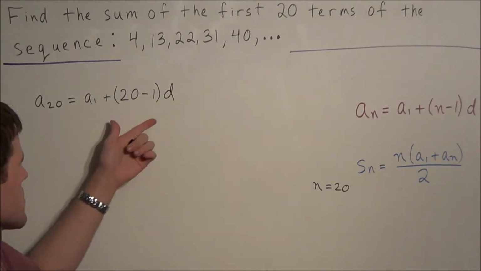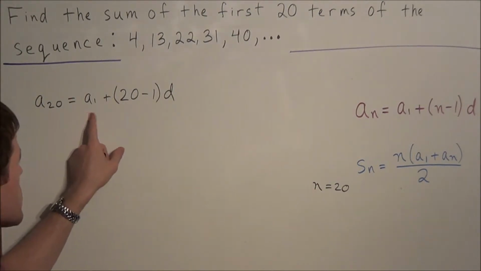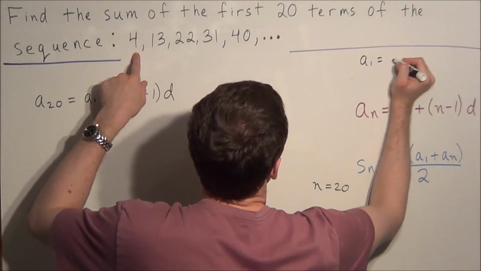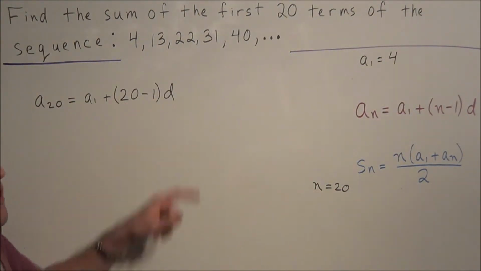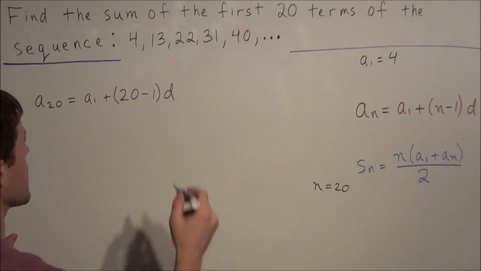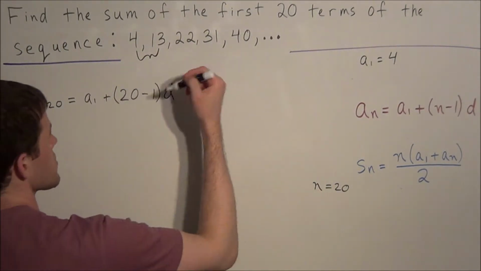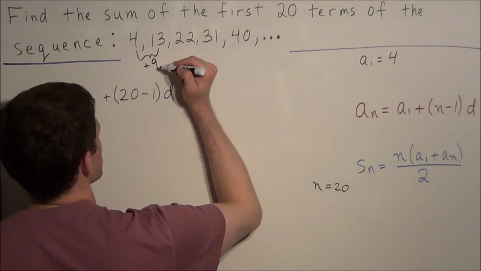So we need to identify the first term of the sequence, which, if we look up top, a1, is equal to 4. Next we need to find the common difference. To find it, you look between any two consecutive numbers in the sequence, and notice that from 4 to 13 the sequence is increasing by 9.